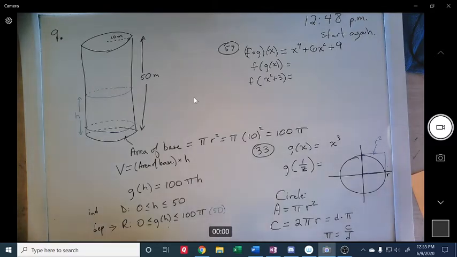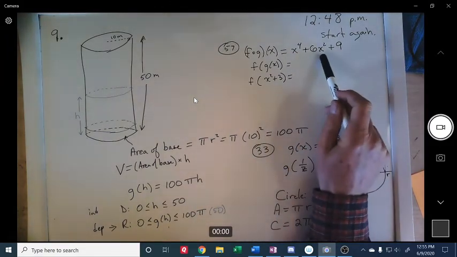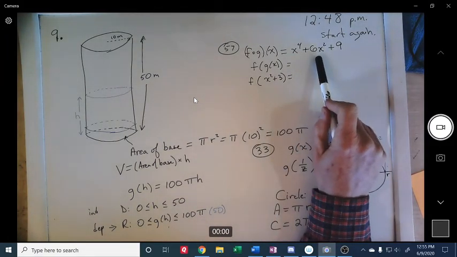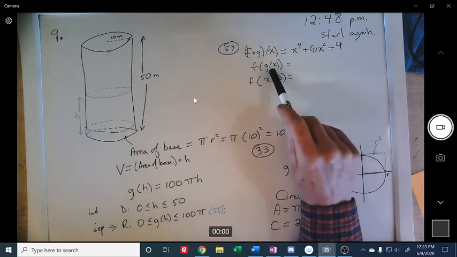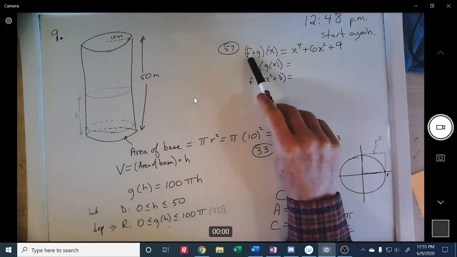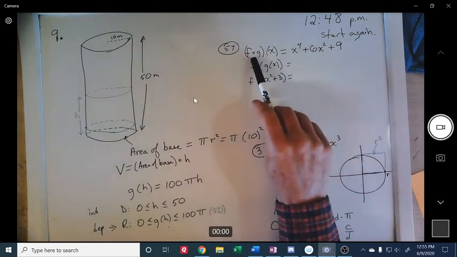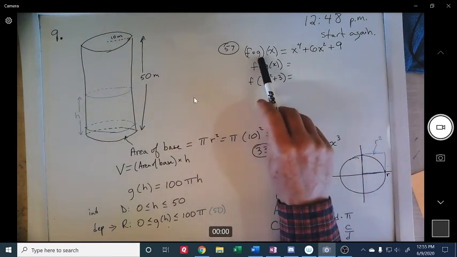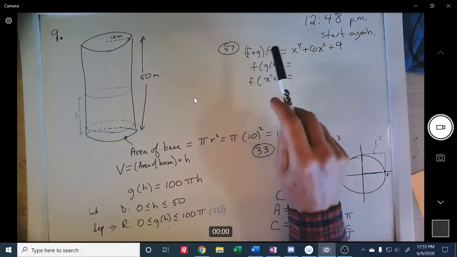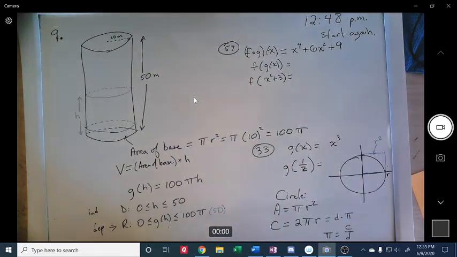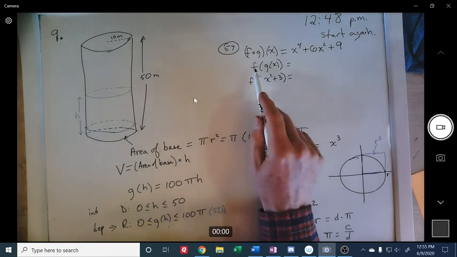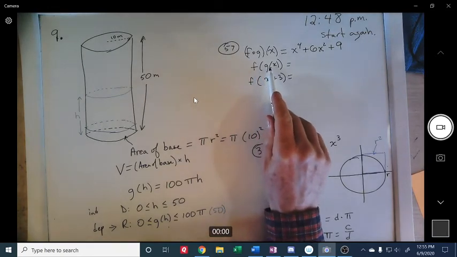Then 57. It says, here's the big function when you composite these two. Now when you have it written as f little circle g, that means f composition g of x. When you redo that, this says f of g of x.